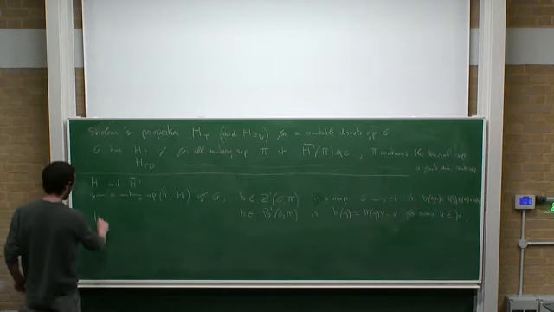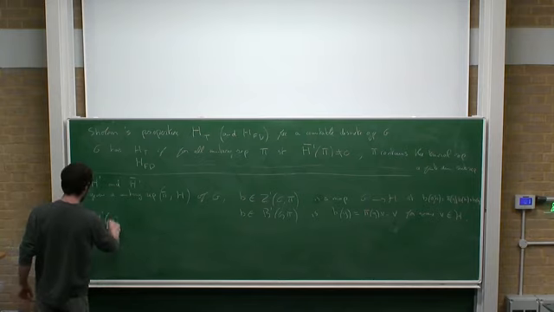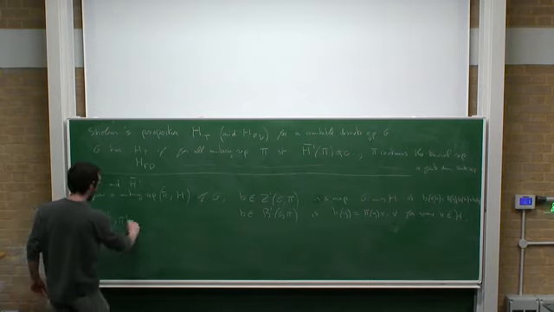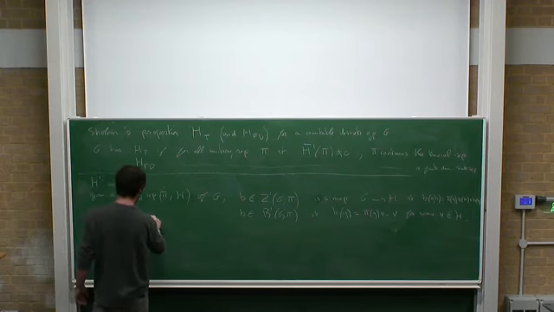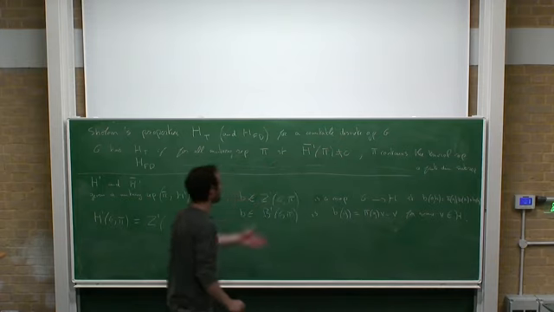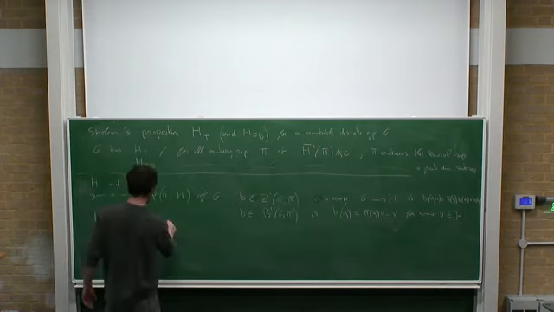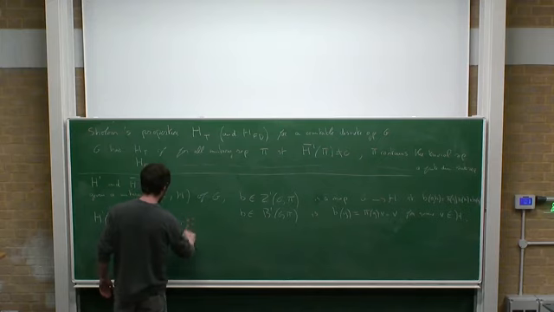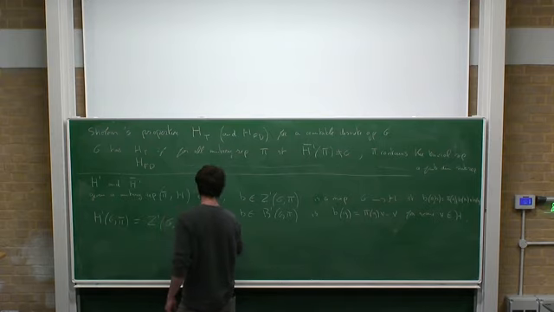Now H1 of G, pi is simply, well, one can check that this satisfies the cocycle relation. So this is just the quotient of Z1 by B1.